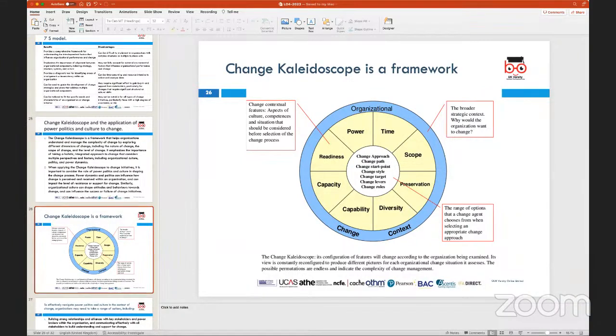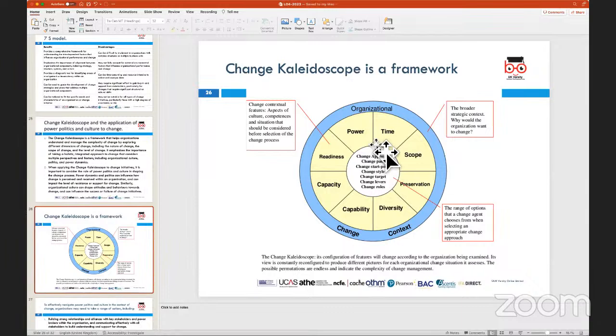And some of the potential limitations of this particular process come from the fact that you are looking at various aspects of time, scope, and diversity.